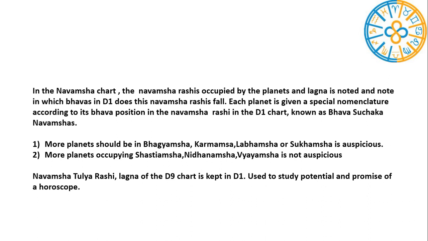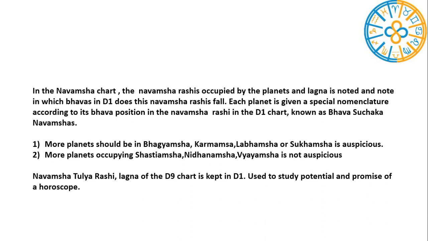Now similarly, in Navamsha Tulya Rashi, the Lagna of the D9 chart is taken and rotated to the Lagna of D1, and the positions are noted. Navamsha Tulya Rashi is also very important.